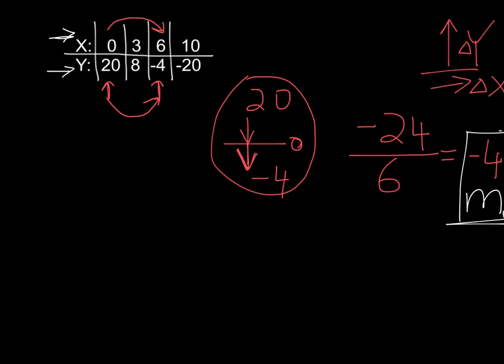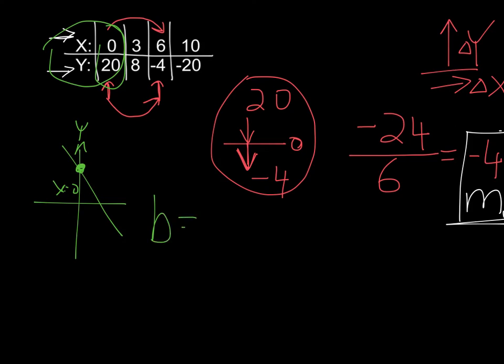How do we figure out the y-intercept? Well, we figured out that wherever it crosses the y-axis, x equals 0. So where does x equal 0? Where y equals 20.